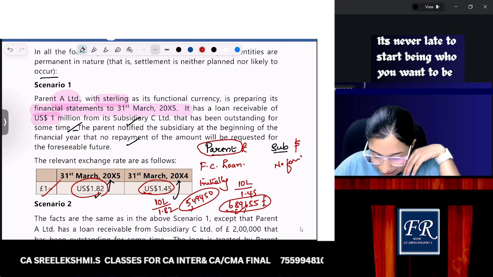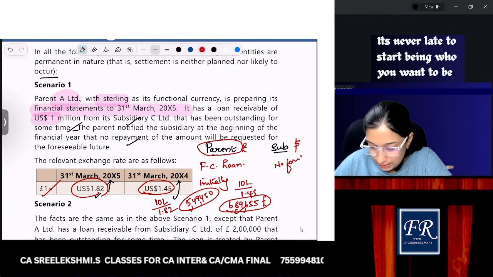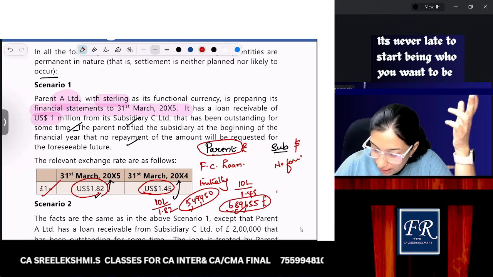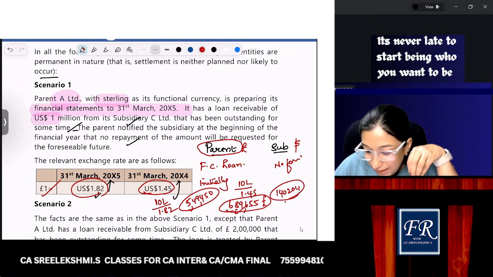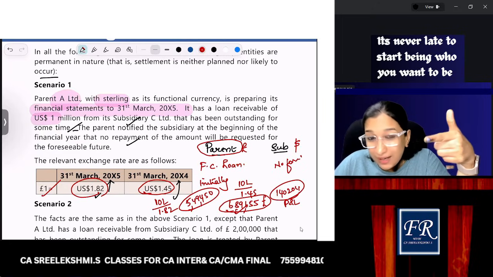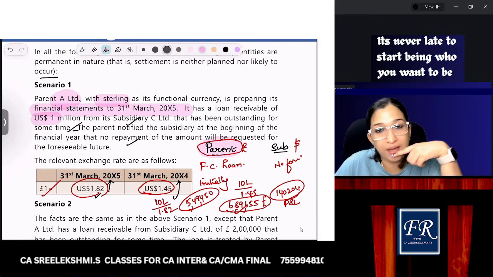Now it has become 5,49,450 pound. So the difference, 1,40,204 pound, will be recognized as exchange loss in P&L in the separate financial statements of the parent.